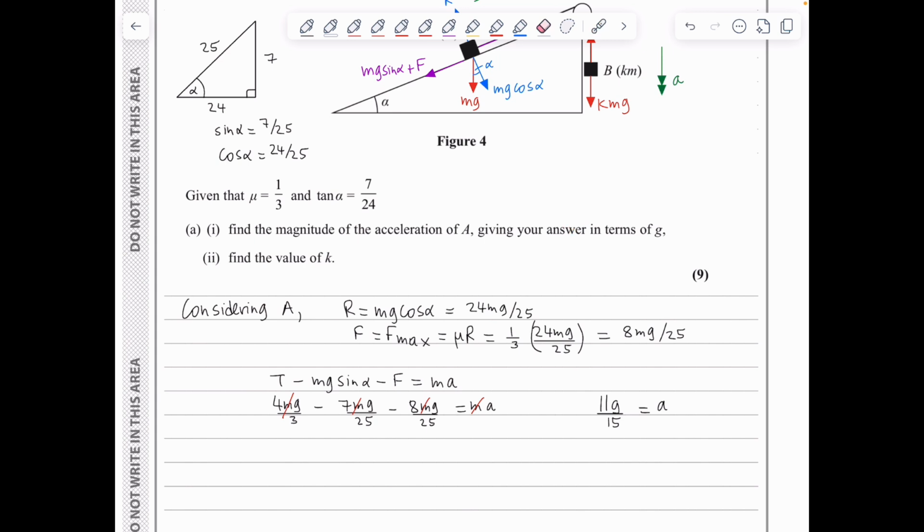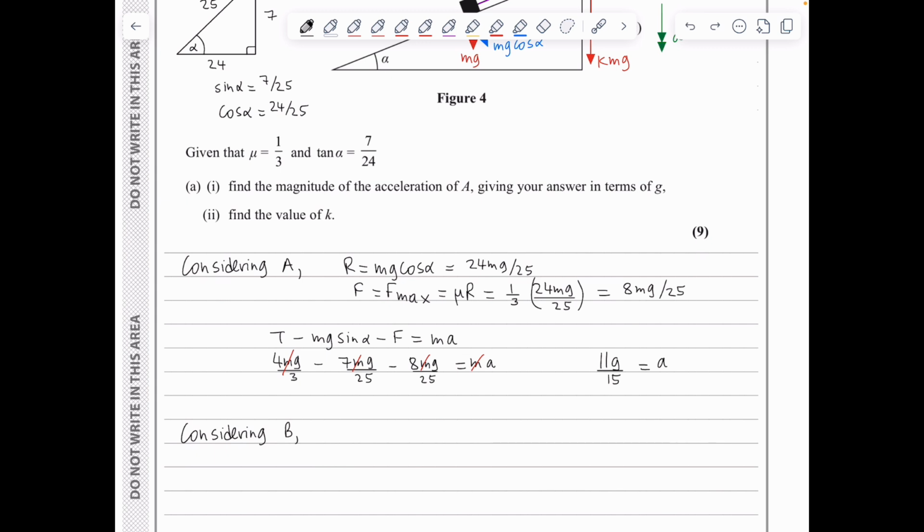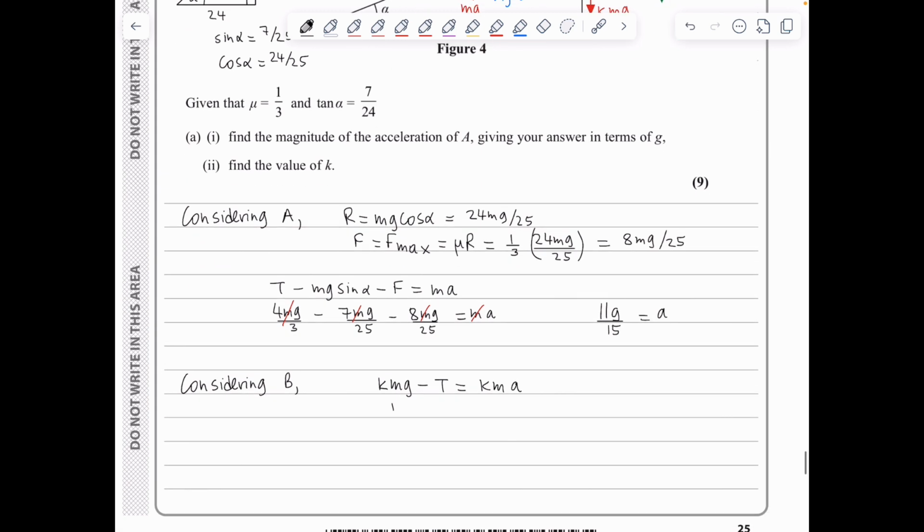Now, to find the value of k, I will be considering the particle B. We've got forces acting downwards for B, which is kmg minus the tension T is equal to kma. Well, kmg minus the tension, which is 4 mg over 3, is equal to 11g km over 15. I'm using the value we just obtained for the acceleration.